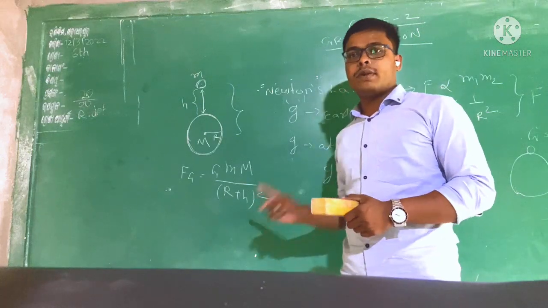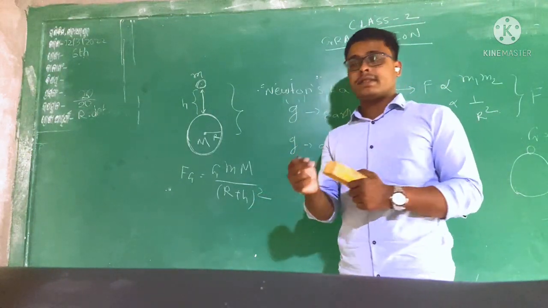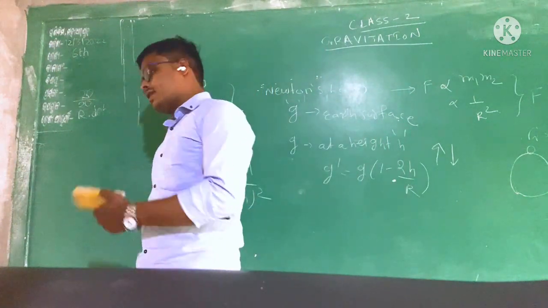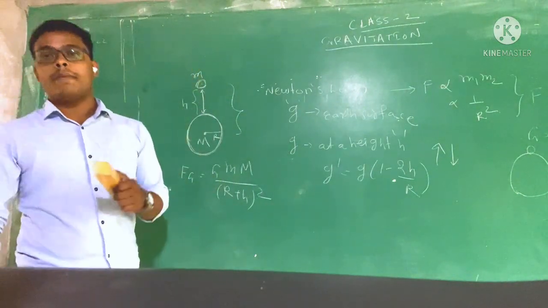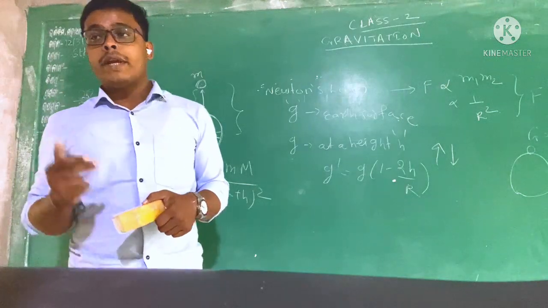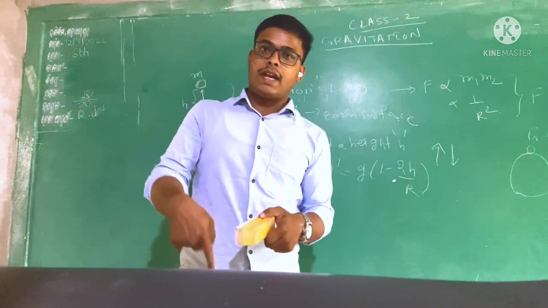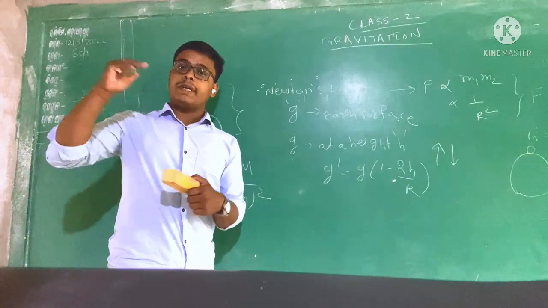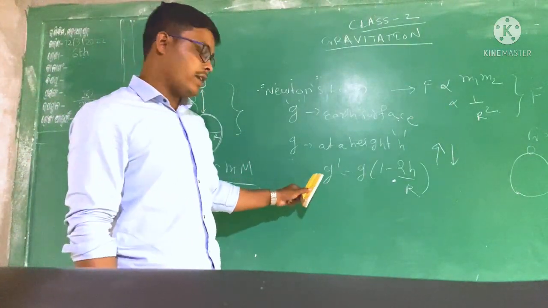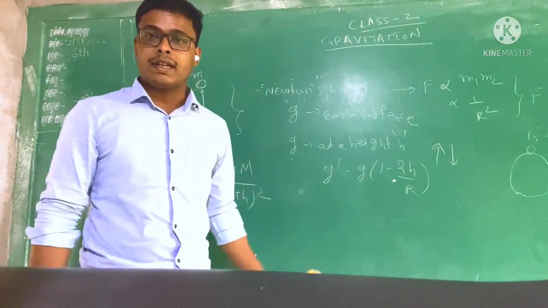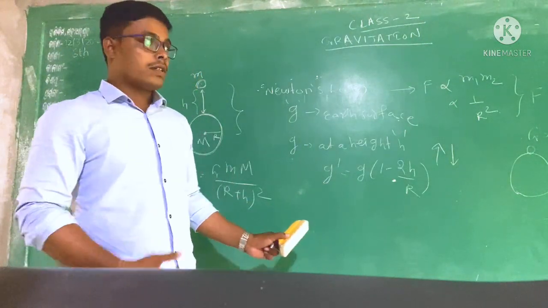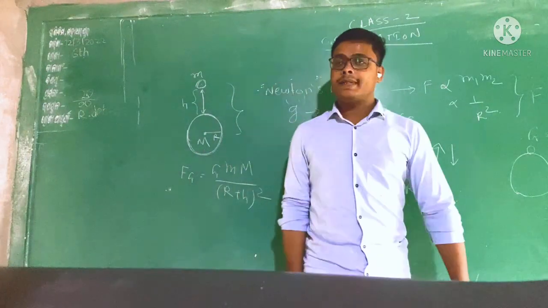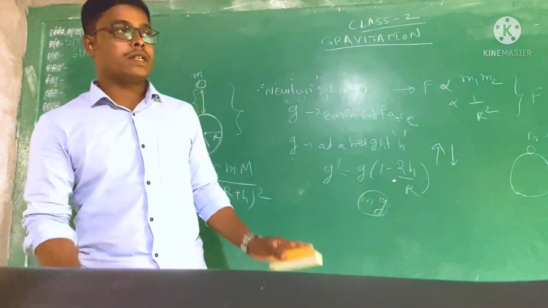This is the value of g when we are moving upward, that is, at a height h the value of the acceleration due to gravity is known as g dash. But now we will see what will be the value of the acceleration due to gravity when we are moving downward. If we go downward, what will be the formula for acceleration due to gravity? If we go upward, this same formula will hold, because this acceleration due to gravity decides our weight: if we multiply our mass with g, it gives our weight. Then we discussed what is gravity, what is centripetal force and what is centrifugal force.